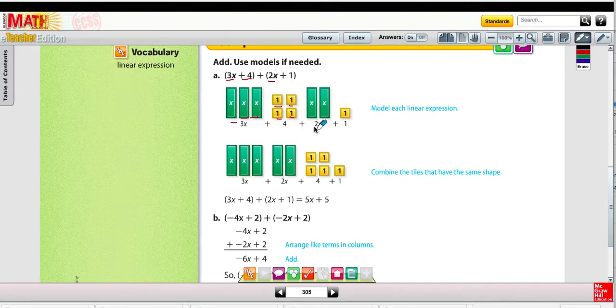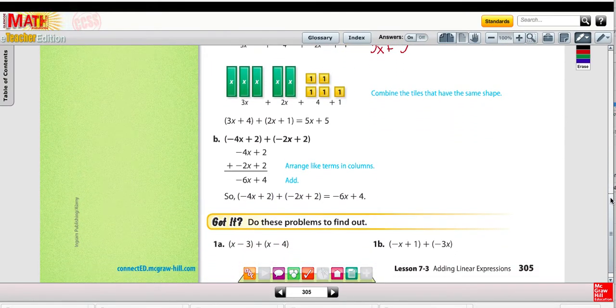The 2x right here are the 2 tiles here, and the plus 1 is right here. And when you see that all out, it's very easy to see that there are a total of 5 x's, and then there are 5 constants, and all positive there, okay? And so you can use those tiles to add linear expressions.